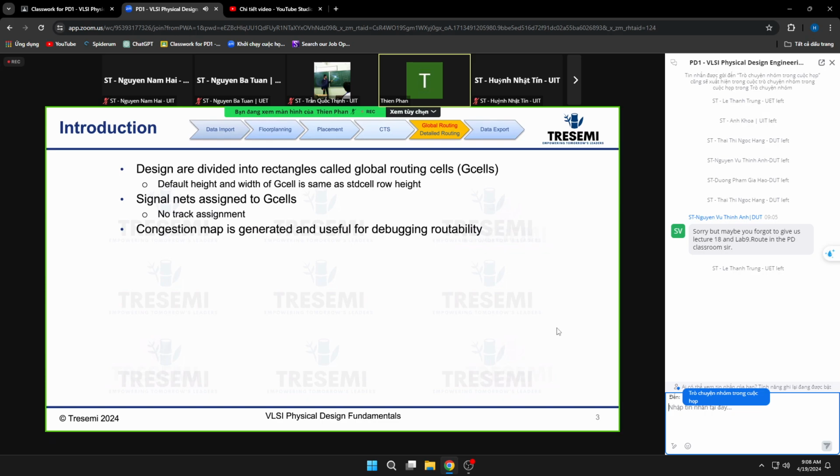So for global route, you look at the routing area or the layout and split it up, just divide it into what we call global routing cells, or G cells.